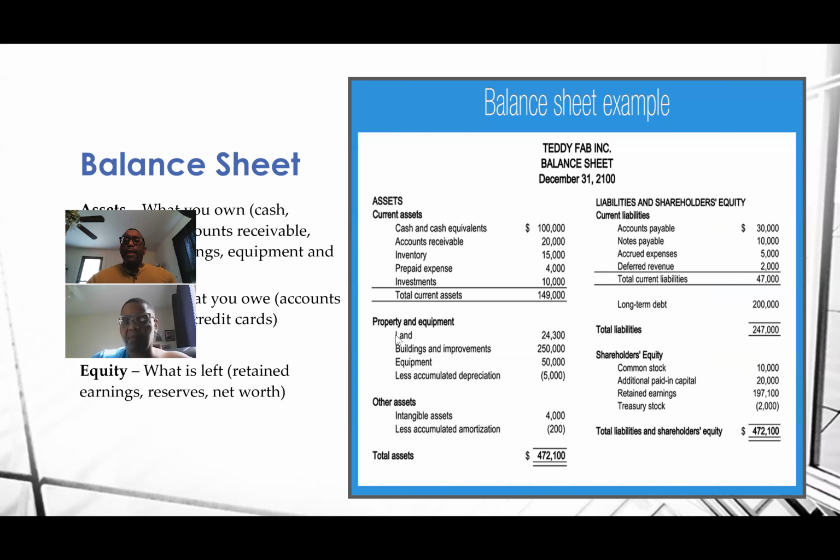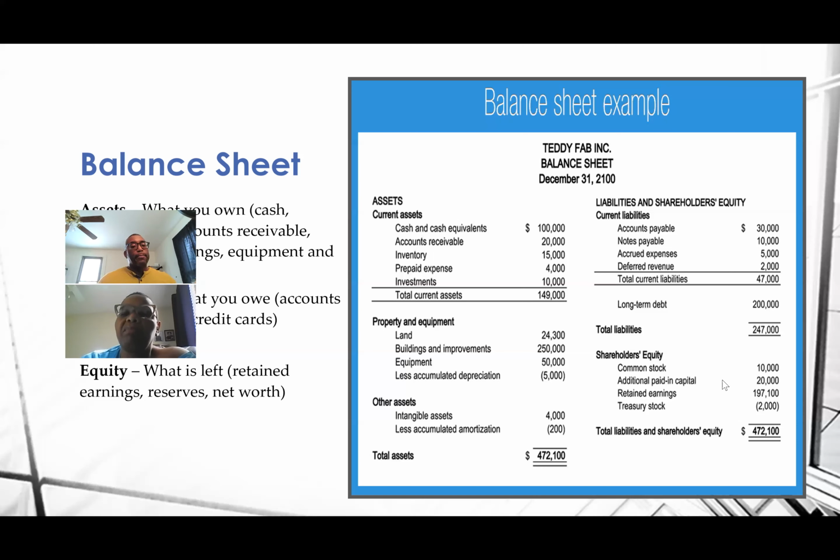So when you take your assets less your liabilities, in this example, we have $472,000 of total assets. We have liabilities of $247,000. So the equity that's left of our business is the difference between 472 and 247,000. So, approximately you're looking at about $225,000 of equity.